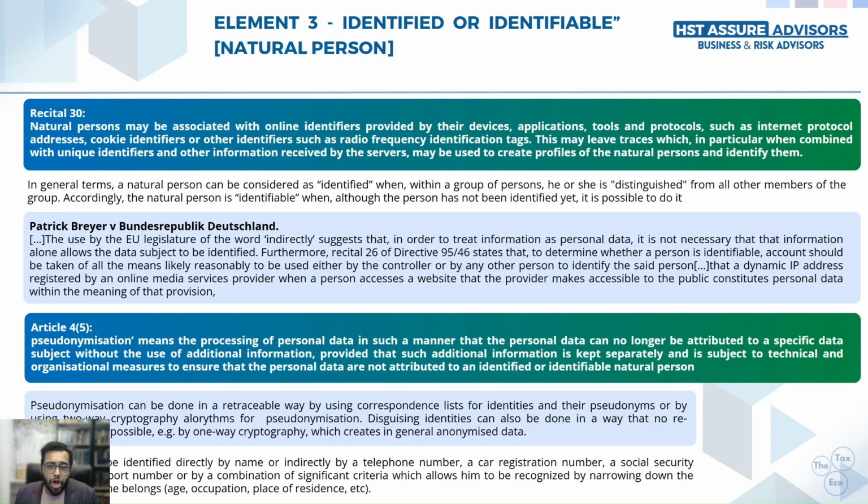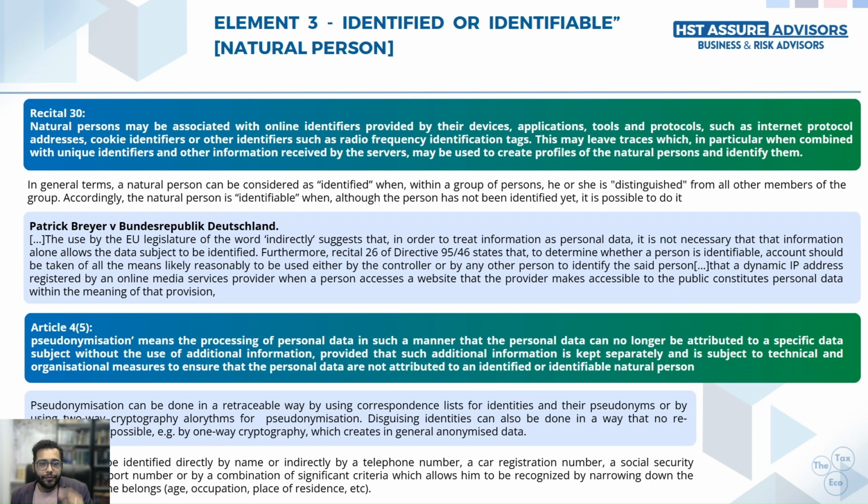That means it is not necessary that the person has been identified yet. If it is possible to identify the person through the data, still that particular information will constitute personal data.